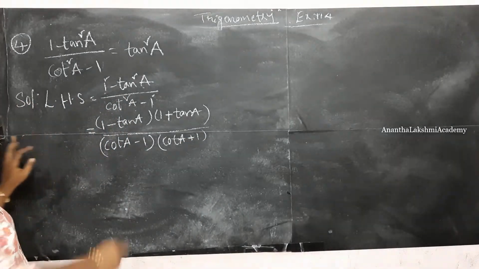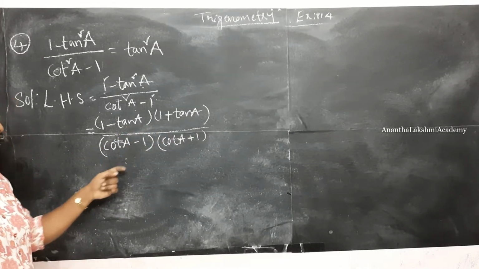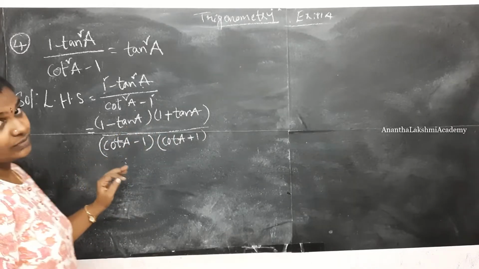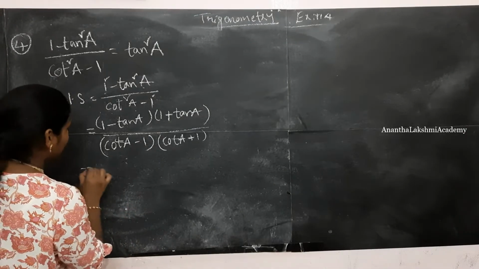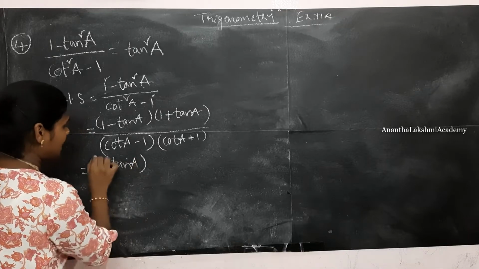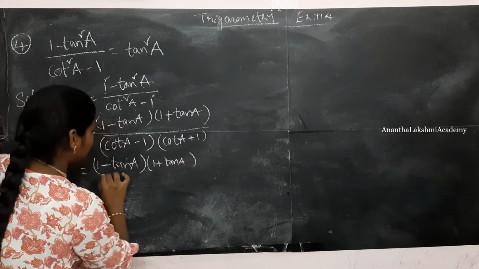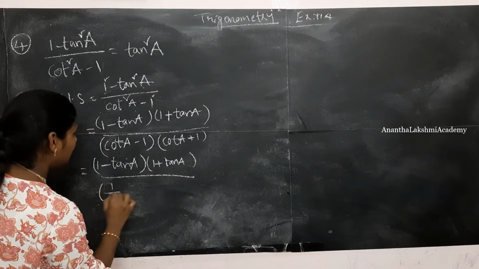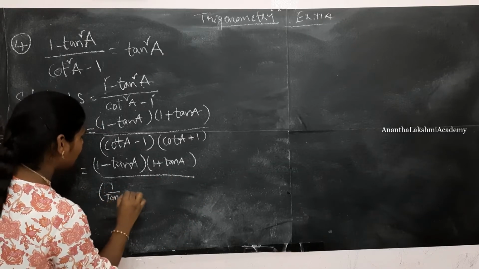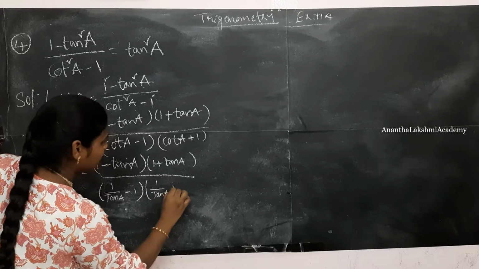So we have tans and cots. We could not simplify this, but can we write cot in terms of tan? Yes. How? That's just the multiplicative inverse of tan. (1 minus tan A)(1 plus tan A) by (1 by tan A minus 1) and (1 by tan A plus 1).